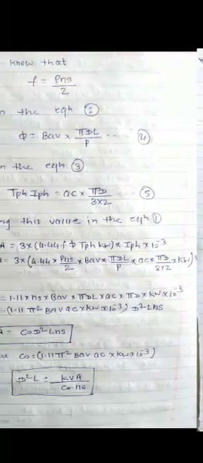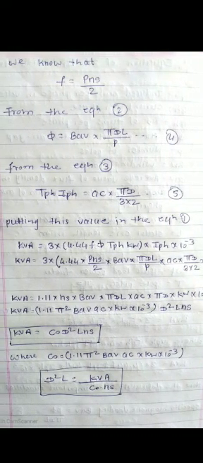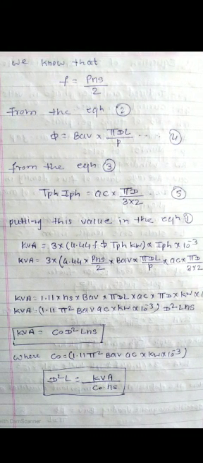Simplifying the above equation, the P, the number of poles, will be cancelled. Again there will be two values of D and two values of pi, so multiplying them gives the squares.